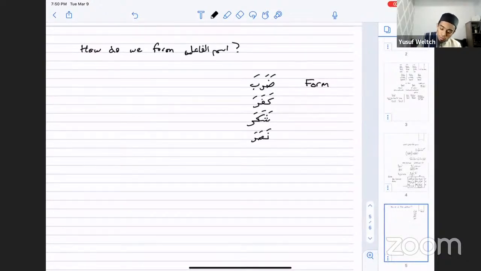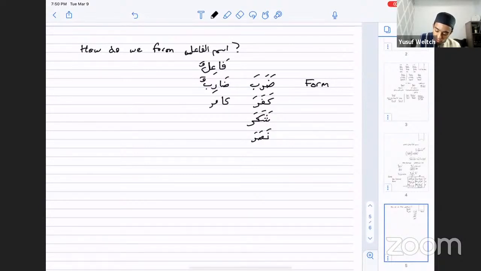So we're going to use the pattern of fa'il, fa'ilun. The first letter, you add an alif after it. So daribun, and everything stays the same. The second to last letter gets a kasra, and it ends in a tanween. If after that you want to make it feminine, then you add the ta marbuta, daribatun. But the basic is this.